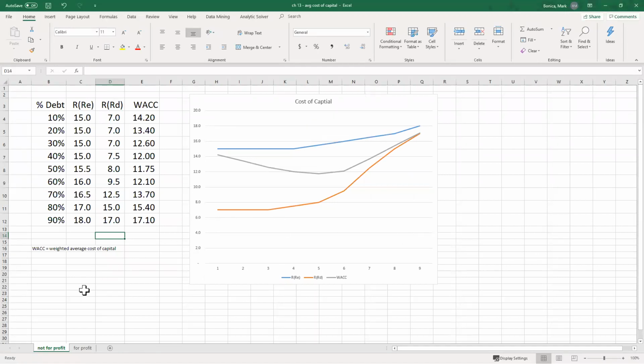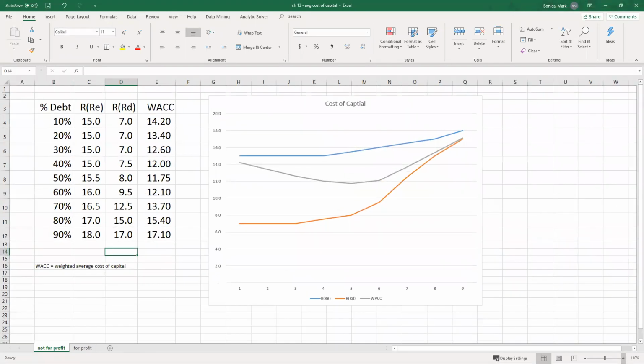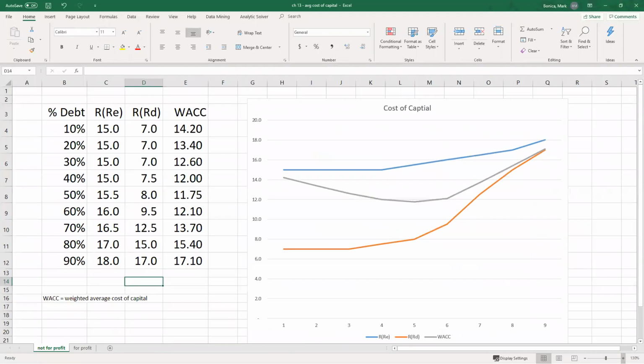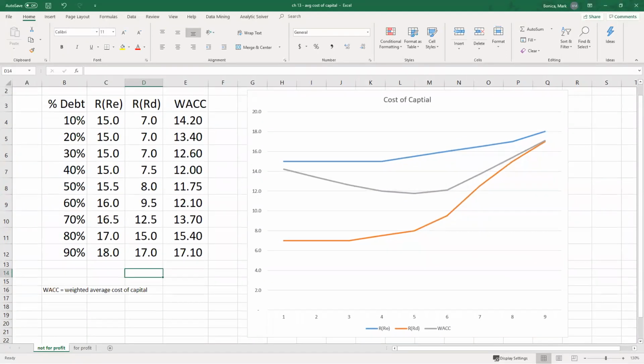What I've done here, and you've got access to this example because it is loaded on Canvas, is start with 10% debt, which would imply that we have 90% equity, and go from 10% debt, 90% equity, up to 90% debt and 10% equity.